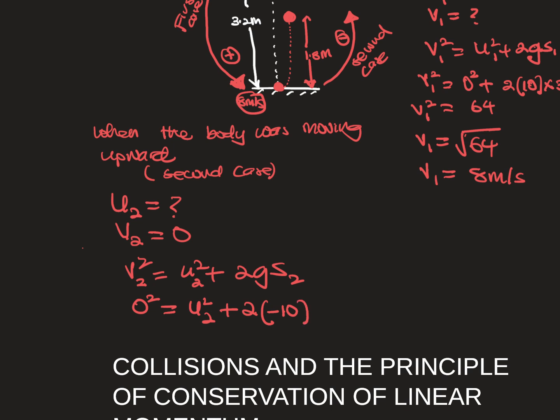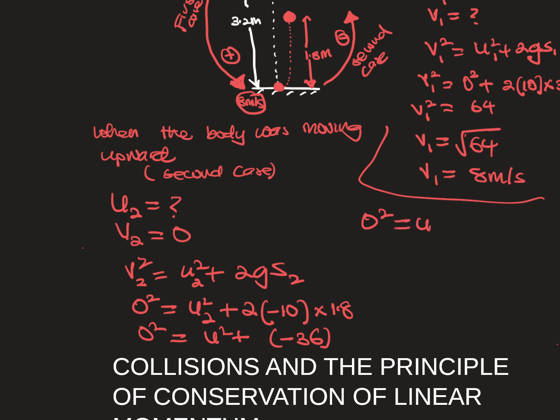Multiplied by the distance, which is 1.8. So 0 squared equals U squared plus 2 times negative 10 multiplied by 1.8. That gives negative 36. So we're going to have 0 squared equals U squared minus 36.